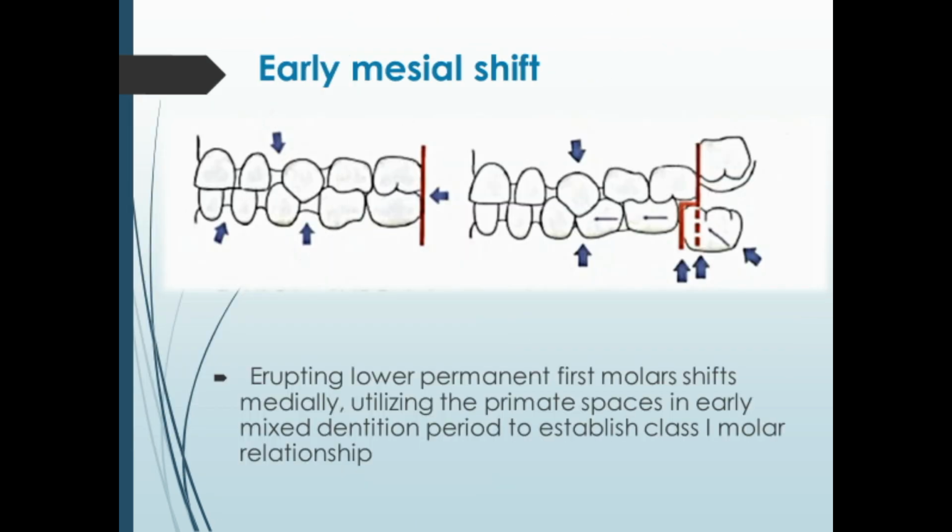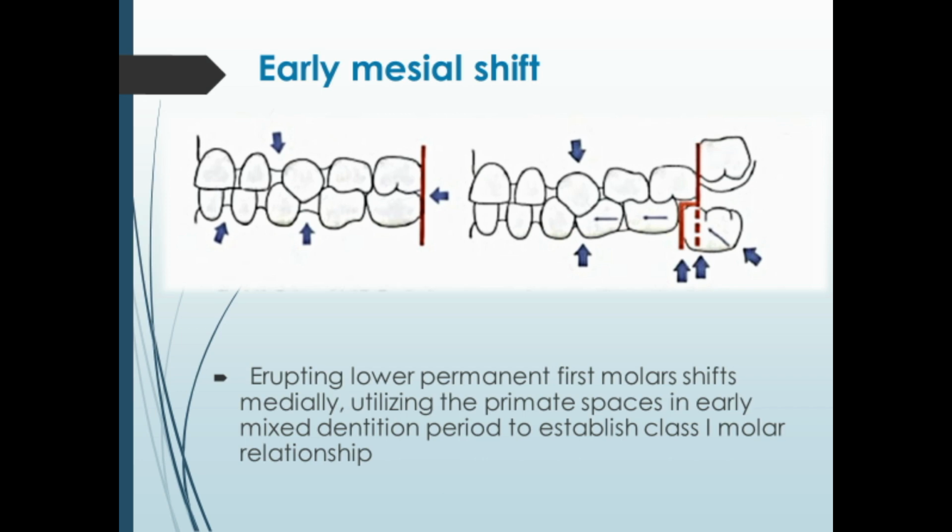This transformation from end-on to class I molar relation occurs in two ways: early mesial shift and late mesial shift. Early mesial shift of the lower permanent first molar occurs by utilization of the physiologic space present between primary incisors and the primate spaces.